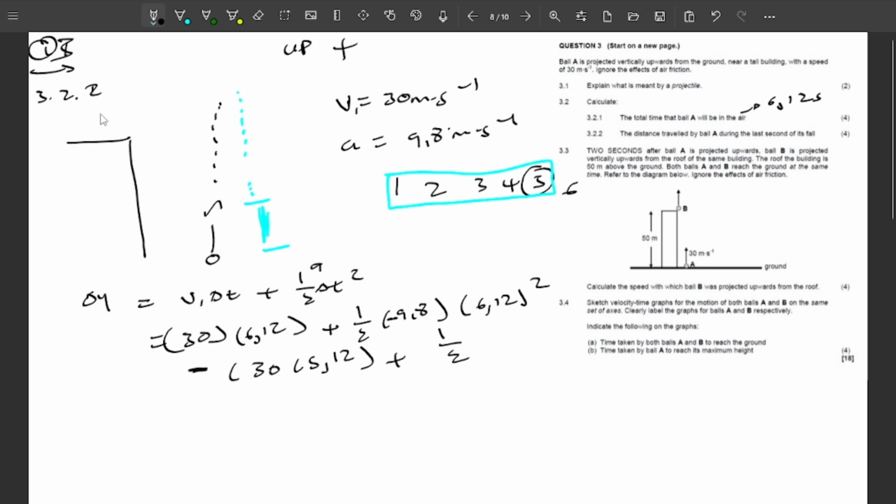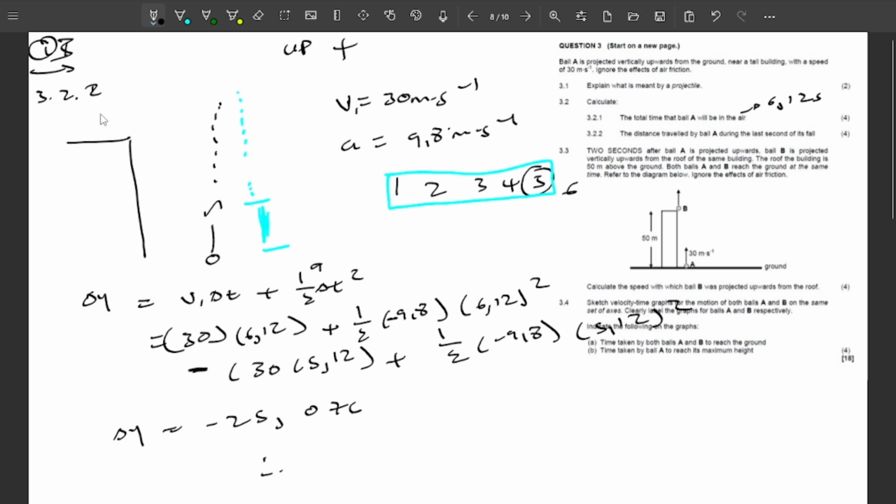Plus 1 over 2, negative 9.8, and 5.12 squared. Now, changing y, after subtracting those two, I get negative 25.076.